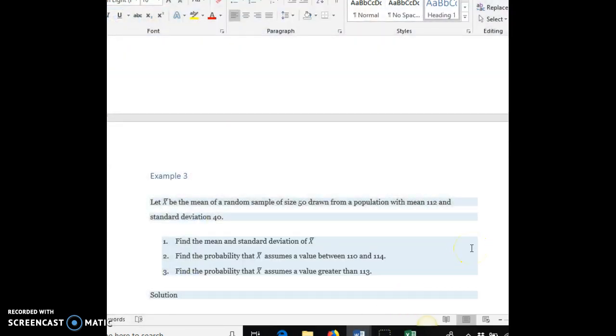Question 2, we wanted to find the probability that x bar assumes a value between 110 and 114. Notice we're talking about x bar and not x. When we were finding probabilities for a normal distribution and we had x, we used our z-score, x minus the mean over the standard deviation. But now we're looking for the probability of x bar, of the mean itself.